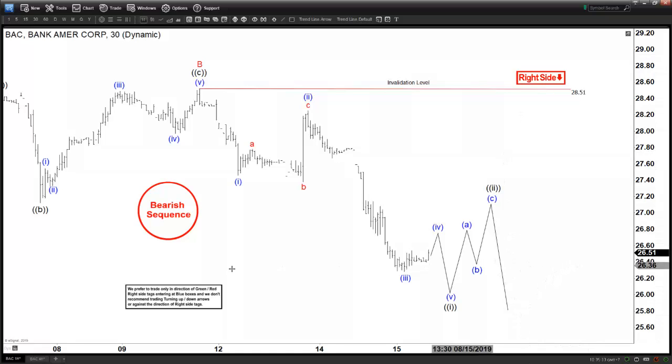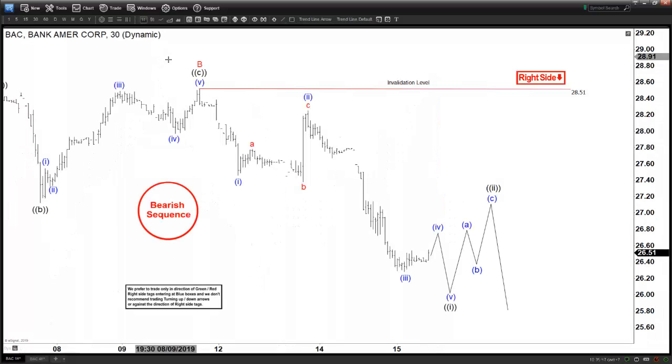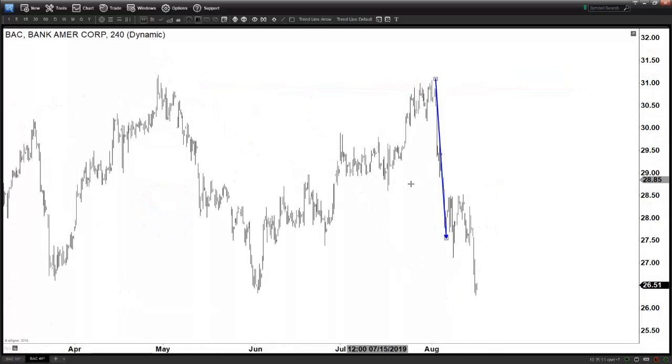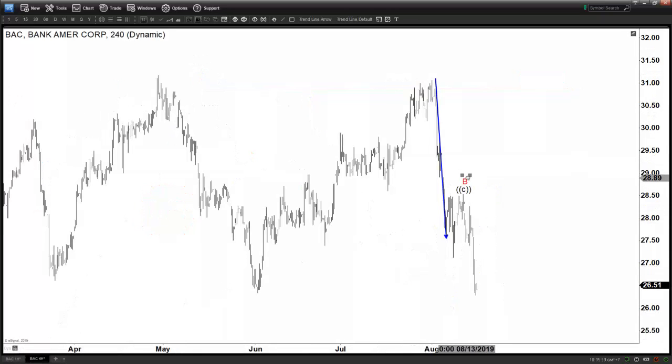Alright, so if we take a look at the larger degree, looking at the 4-hour chart here, we can see since we top out in the August the 1st, the decline has been definitely it looks impulsive here, and then again we got this ABC right here ending the B. So if I place it in the 4-hour, that's your C, that's your B right here, and we got what looks like some sort of a flat here.